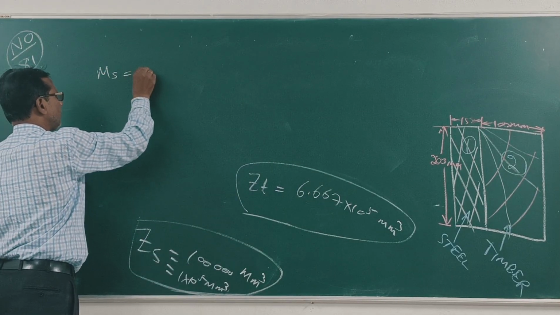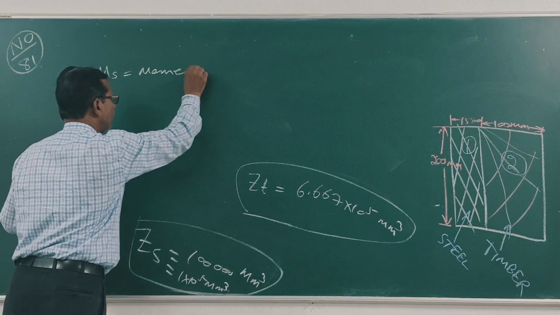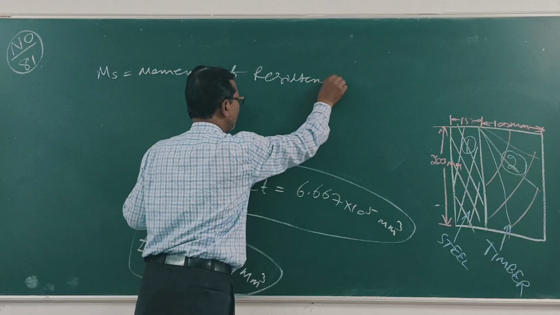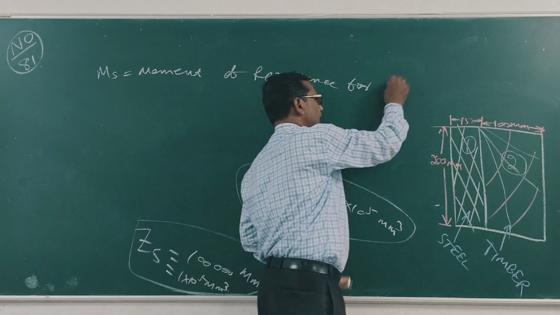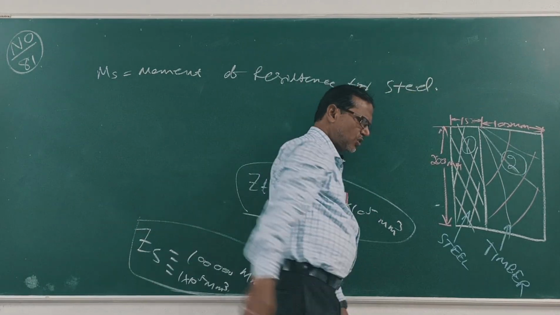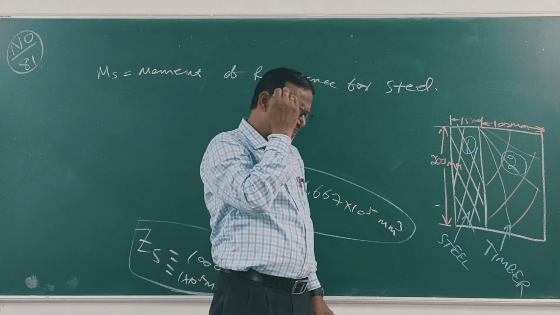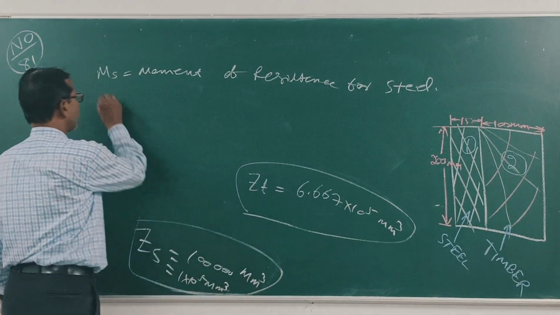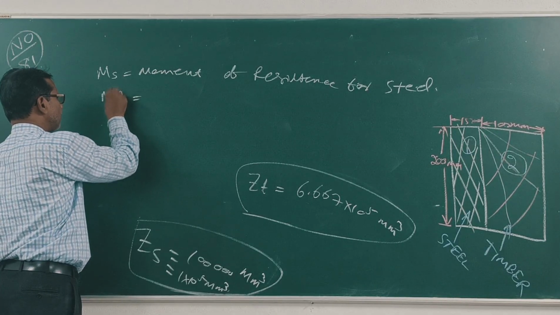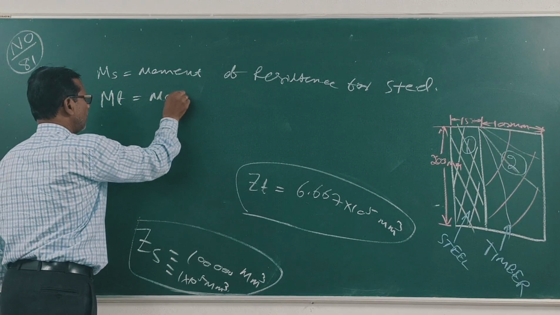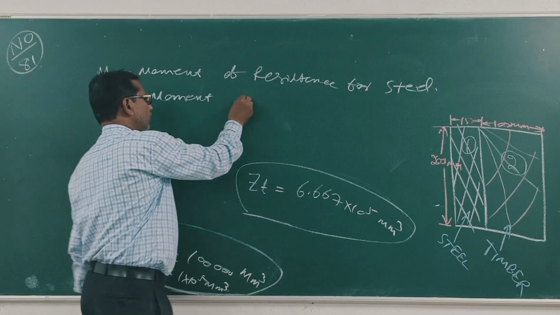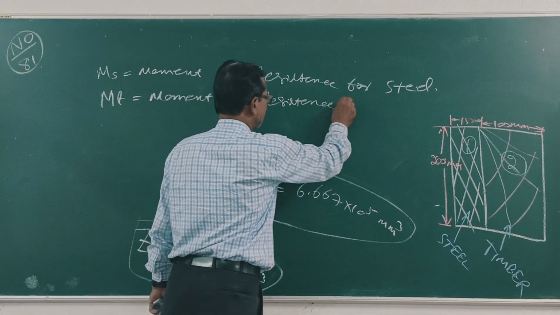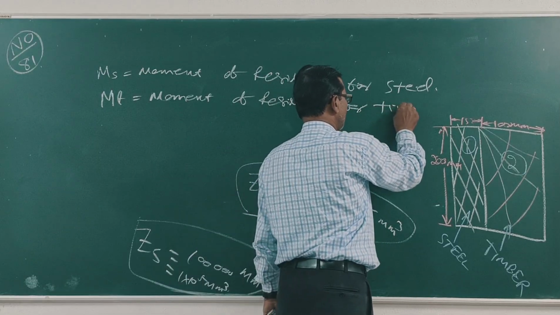Let MS be the moment of resistance for steel. What is MS? Moment of resistance for steel. Similarly, what is MT? MT is the moment of resistance for timber.